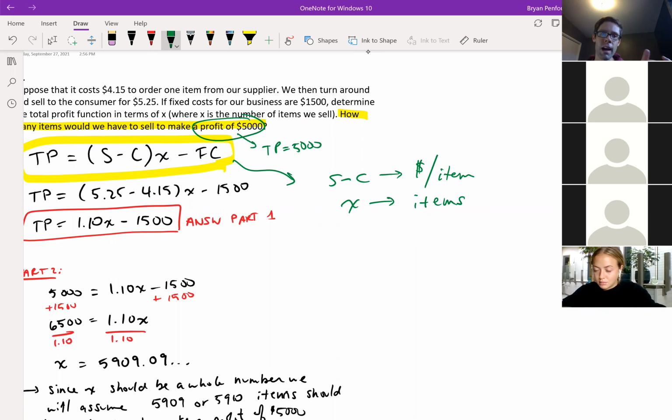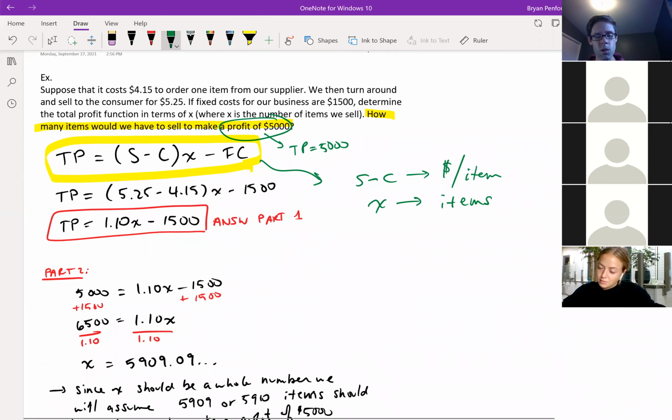So when I multiply my dollars per item by the number of items, I get dollars. What you need to know is that if we're solving for X, X represents the number of items that we're making or selling. Everything else is given in dollars.